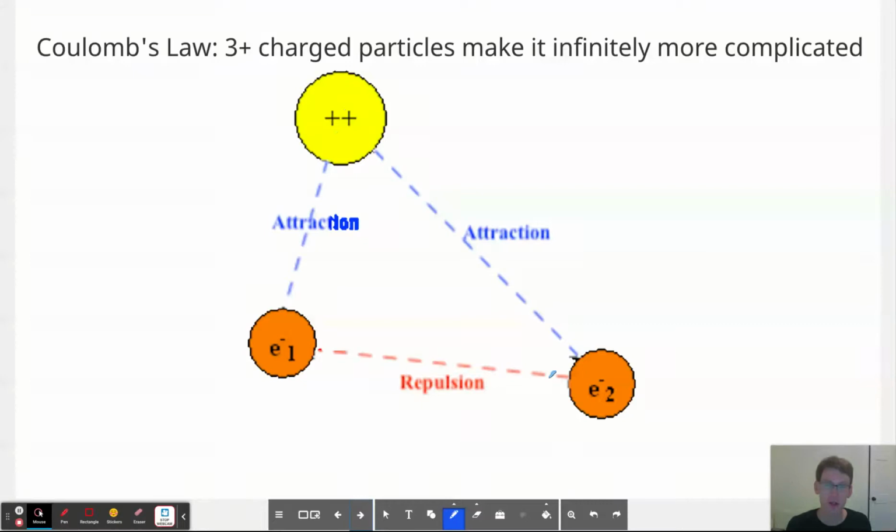You've also got attraction of that nucleus to the other electron. Meanwhile, the electrons are repelling one another. And so there's just a lot more going on, especially given the fact that this is a dynamic system. The electrons are moving around continually, and that changes the attraction of the electron for the nucleus and the repulsive effects between the electrons as everything is moving continually.